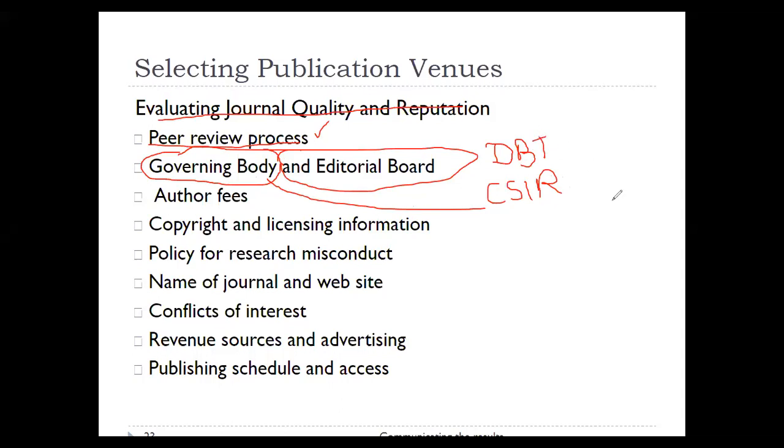Depending on that, those will be the governing body. And who are the editorial board members? What is their reputation? What are their research articles? What type of articles has this editorial board member published? Depending on that, the reputation of that journal will depend.